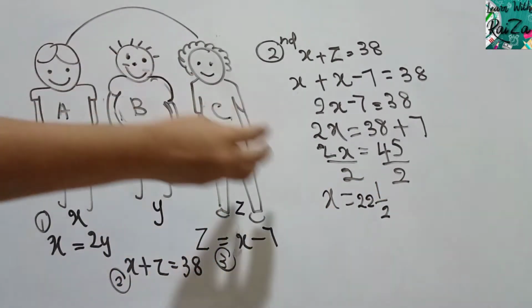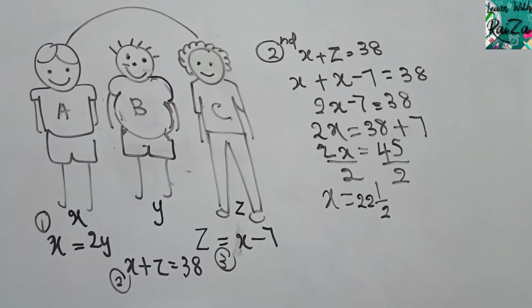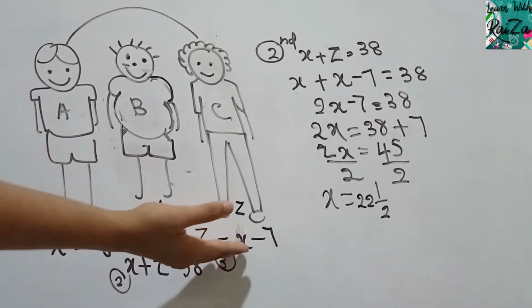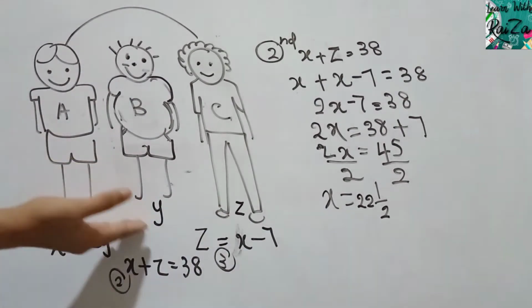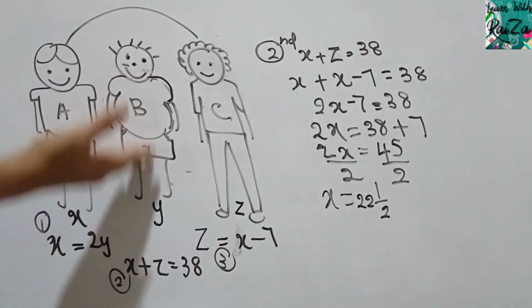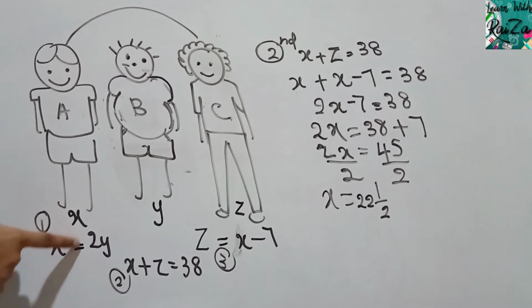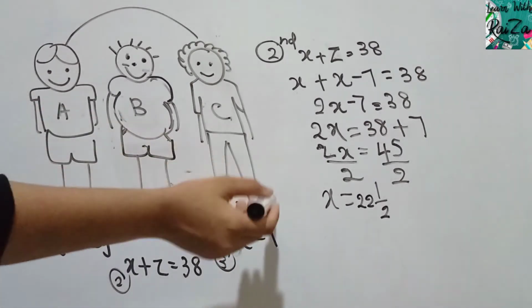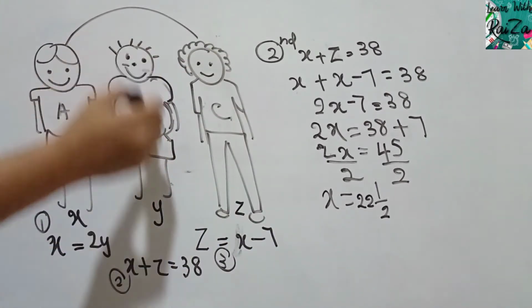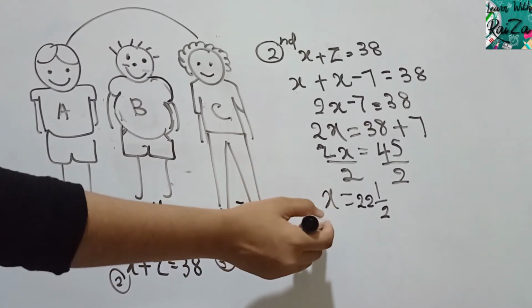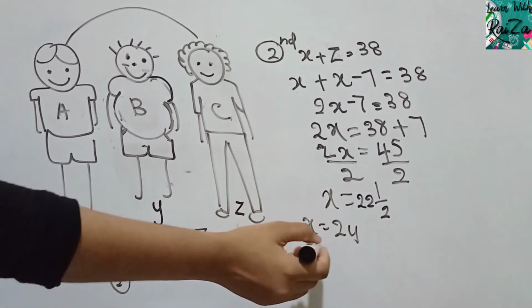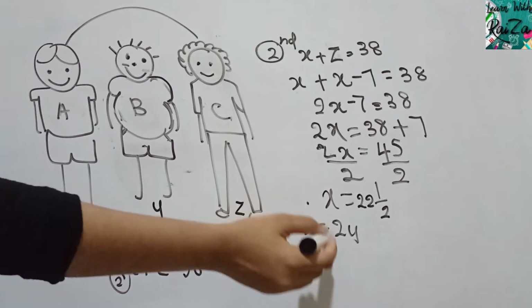If you are able to find one value, it's really easy to find the others, because you can see they are related. X is there in each. So by this you can find the age of the B person. A person is equal to twice the B person. So x is equal to 2y. Then y is equal to x divided by 2.